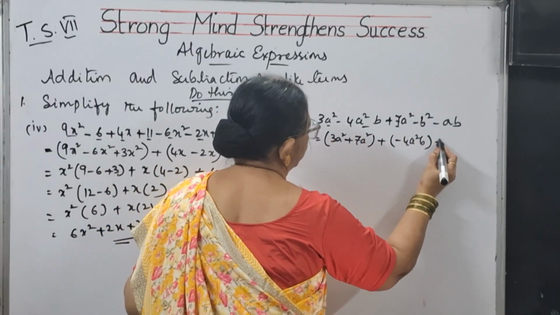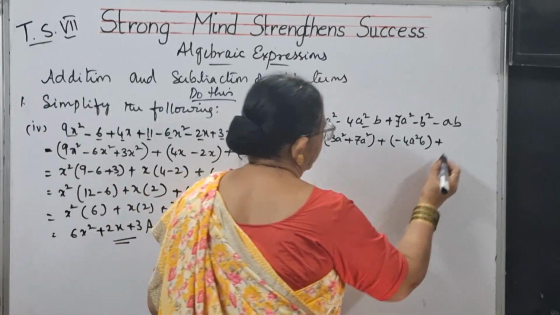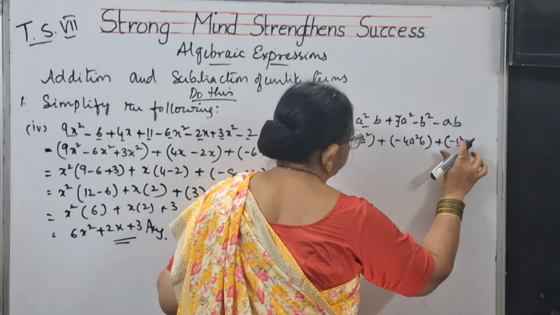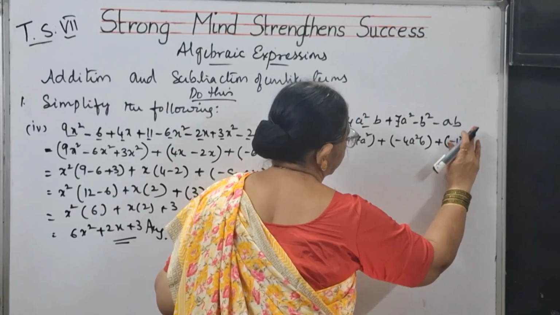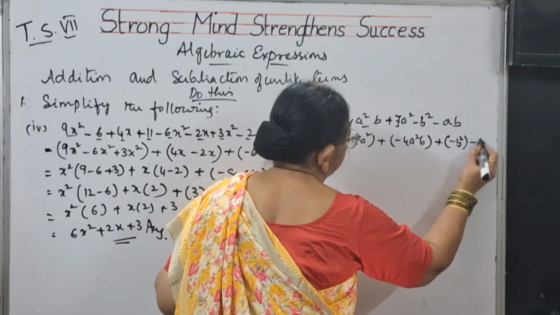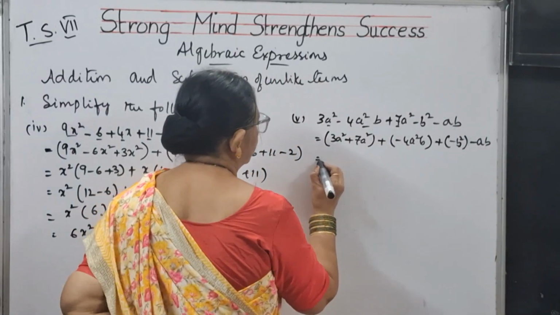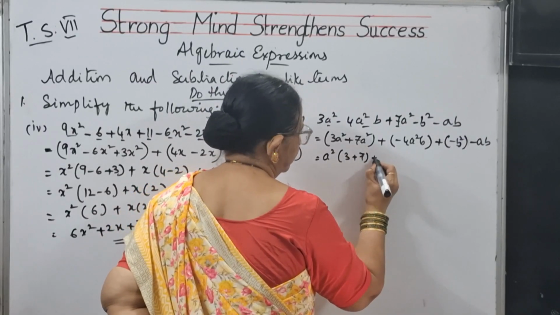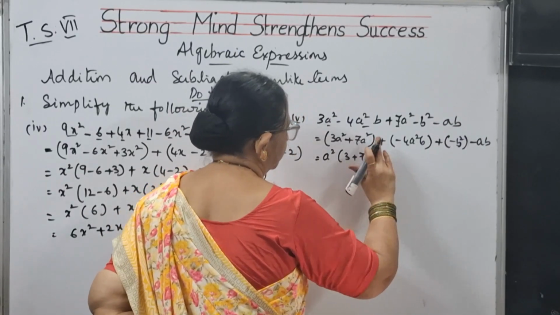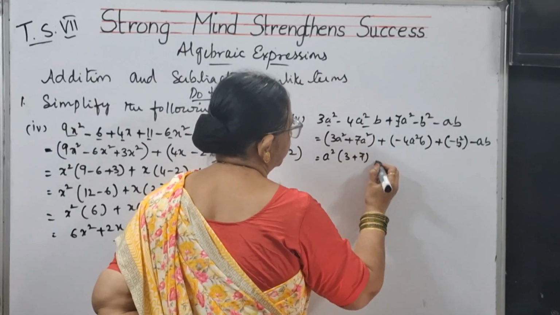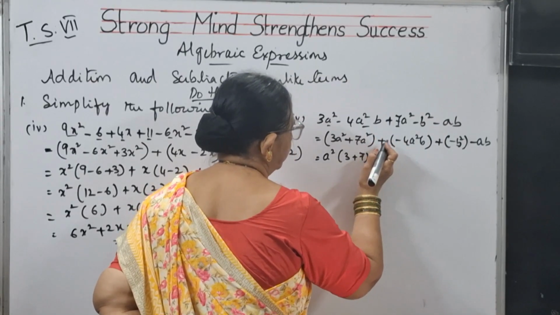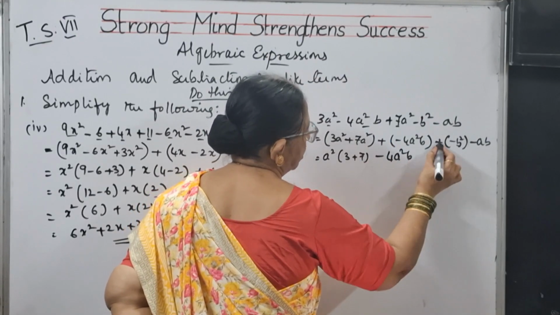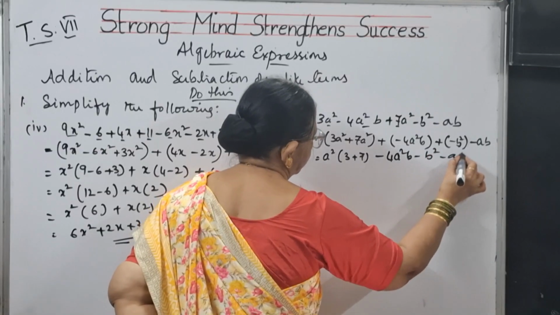Next, the remaining two, of course, don't have any like terms. So plus of minus b square, plus of minus ab, you have to write. So a square common: 3 plus 7. Here only one thing is there, so directly we will write, that is plus into minus, minus 4a square b, plus into minus, minus b square minus ab.